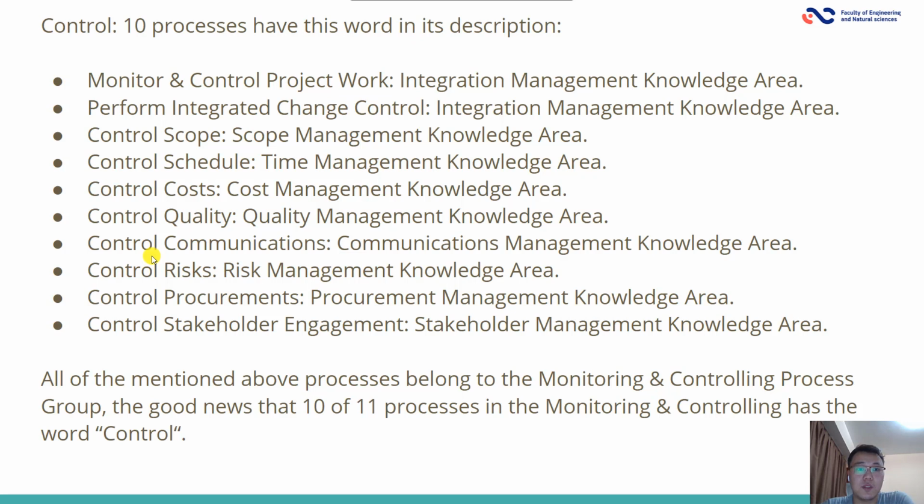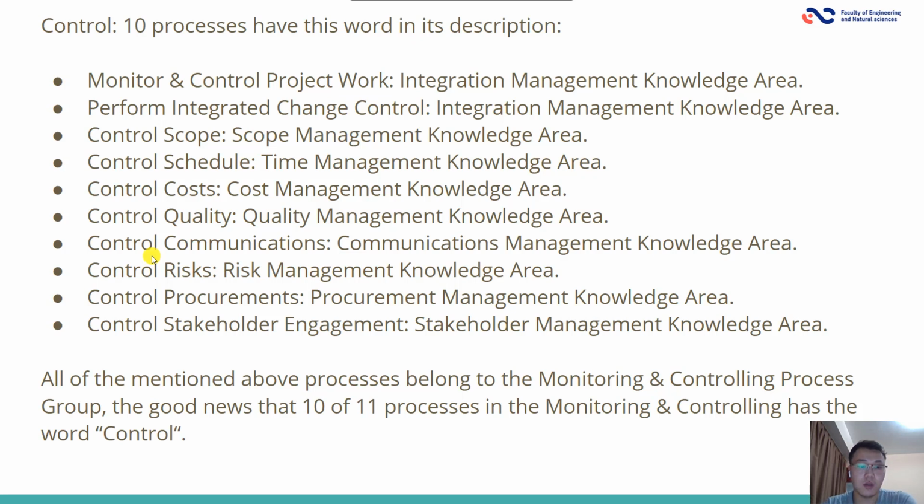Control. 10 processes have this word in their description. Monitor and control project work. Perform integrated change control. Control scope, control schedule, control cost, control quality, control communication, control risk, control procurement, control stakeholders engagement.